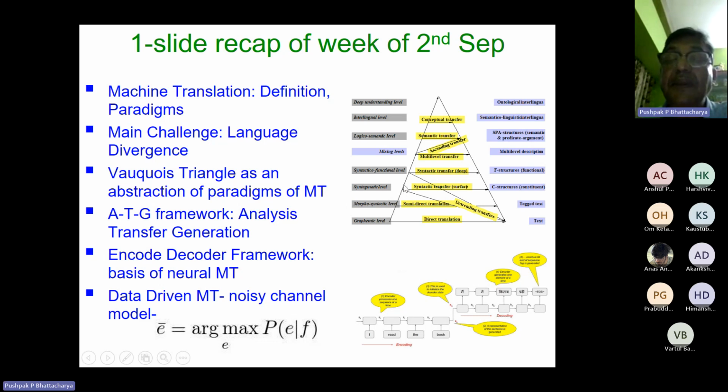So my favorite example is this Hindi sentence, आपको मुझे चाय पिलानी पड़ेगी. This needs disambiguation. It is not clear who is giving tea to whom. But if the target language can tolerate and retain that ambiguity, we don't need that disambiguation. For example, in Bengali, আপনাকে আমায় চা খাওয়াতে হবে.